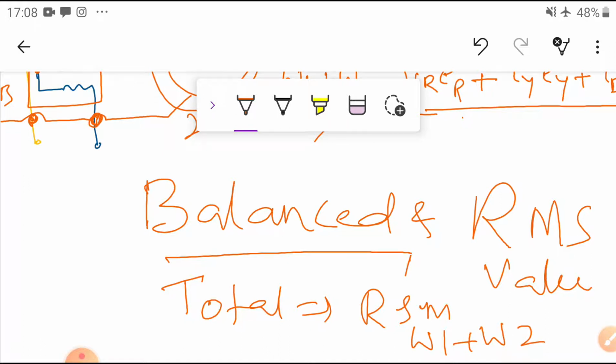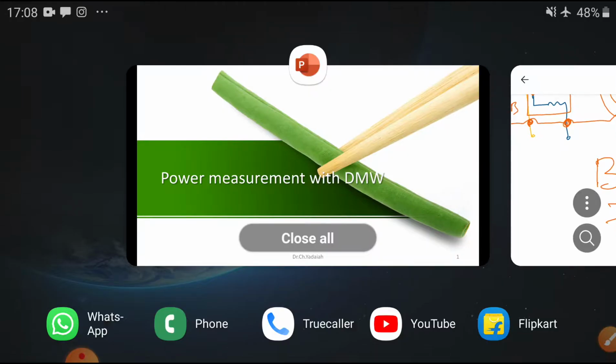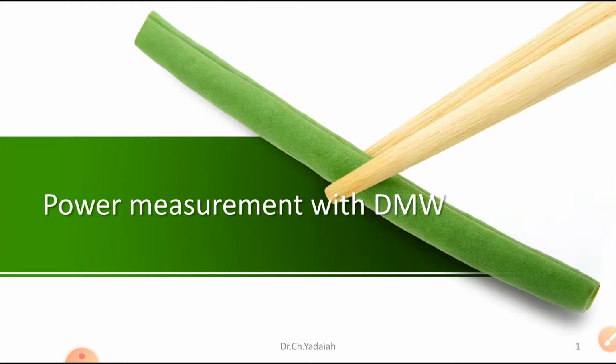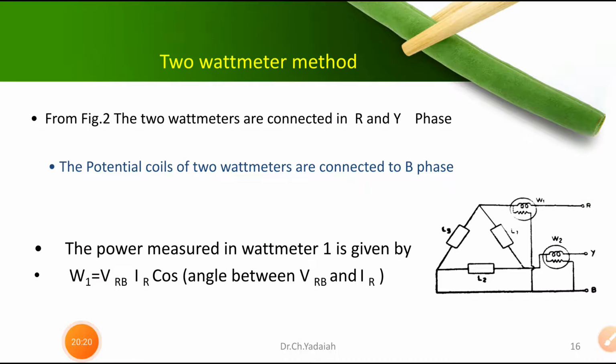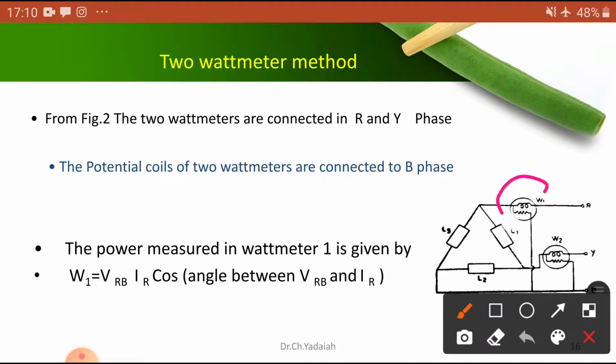Dear students, let us see. Now the power measured in wattmeter 1. Here the load is connected in delta. I want to find the power consumed by W1 and by W2 in terms of RMS values.